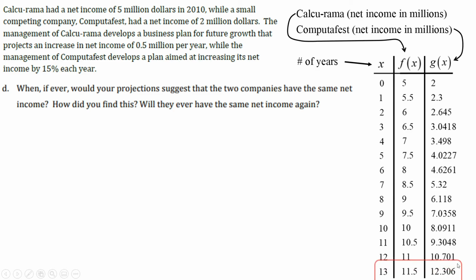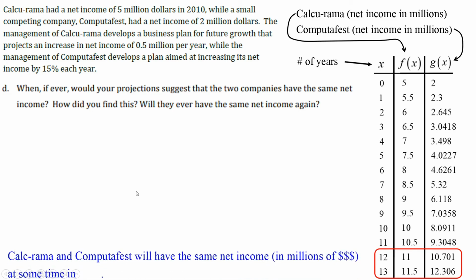So that means sometime during year 12, ComputerFest and Calculorama have the same net income because they're continuous. So Calculorama and ComputerFest will have the same net income in millions of dollars at some time in, and what year is that? Well, remember, year 0 was 2010, so that would make year 12 2022. At some time in the year 2022, Calculorama and ComputerFest will have exactly the same net income.